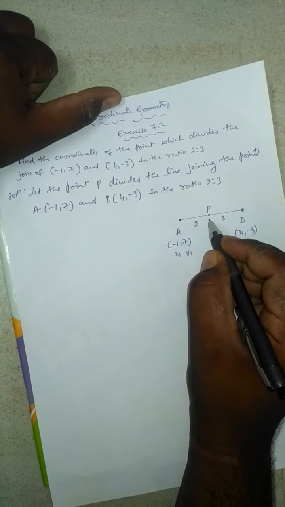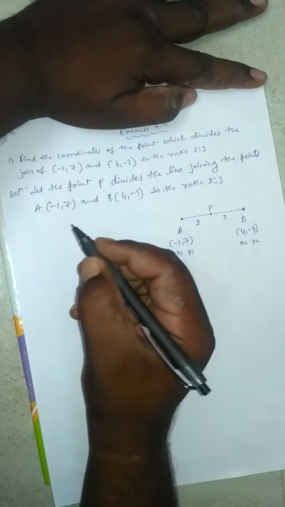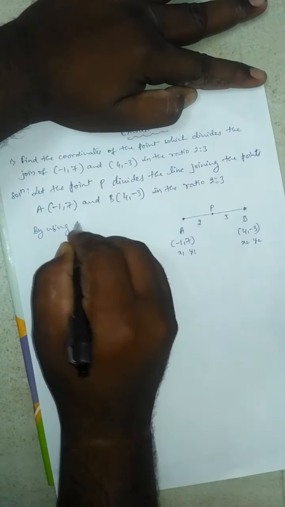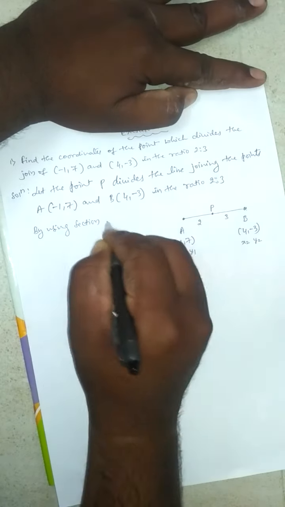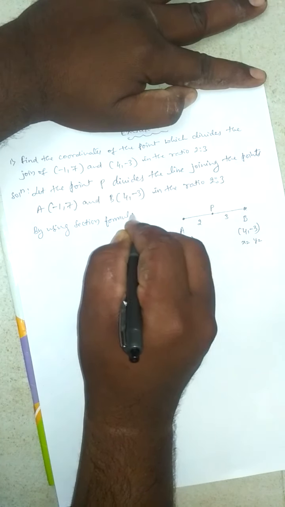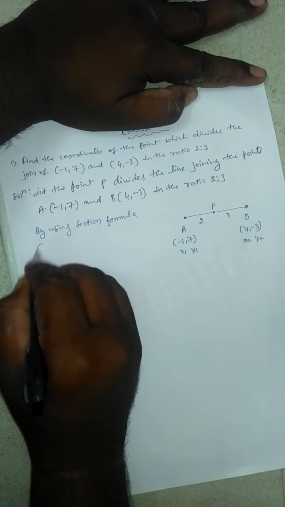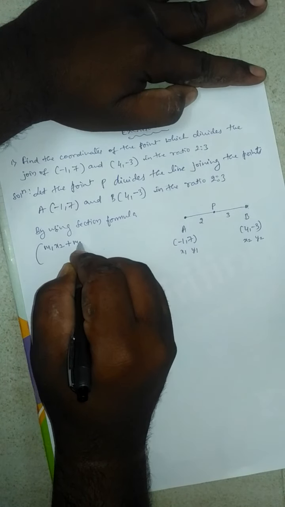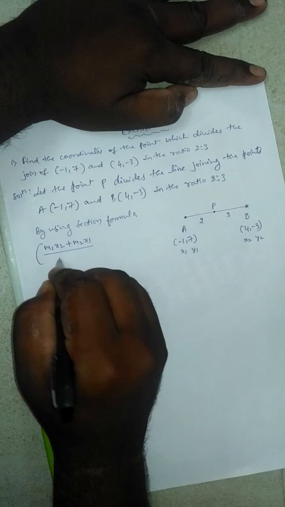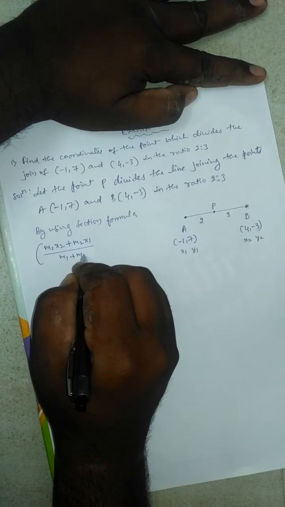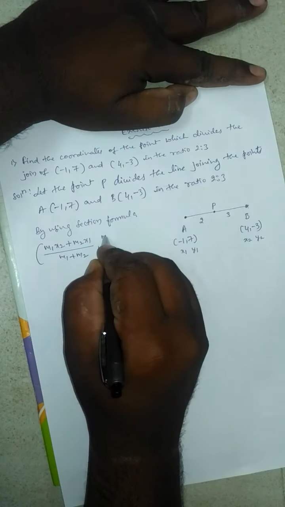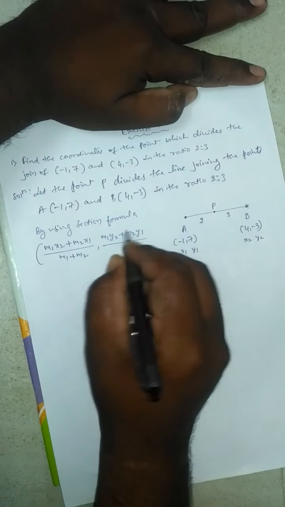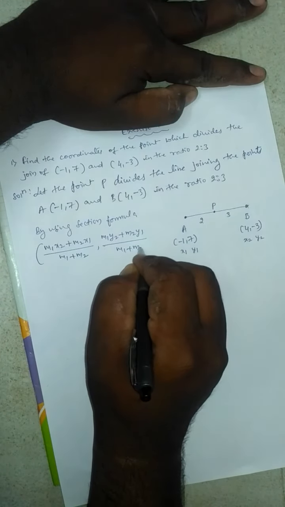So by using the section formula, what does the section formula say? M1 x2 plus M2 x1 divided by M1 plus M2. Here M1 y2 plus M2 y1 divided by M1 plus M2.